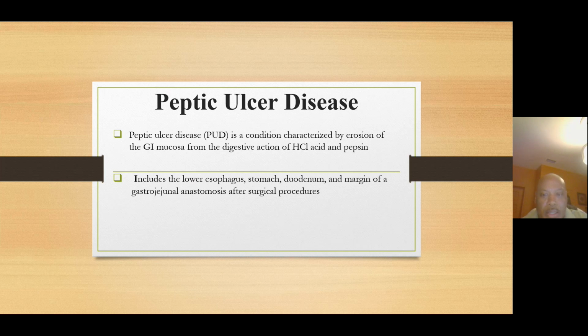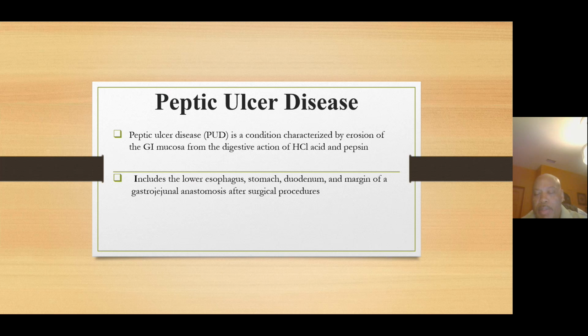Peptic ulcer disease also includes the lower esophagus, of course, and the stomach, but it can also involve the duodenum, which is the first portion of the small intestine. After food leaves the stomach, it goes into the duodenum, or the small intestine. It can also involve the margin of a jejunal anastomosis after surgical procedures.